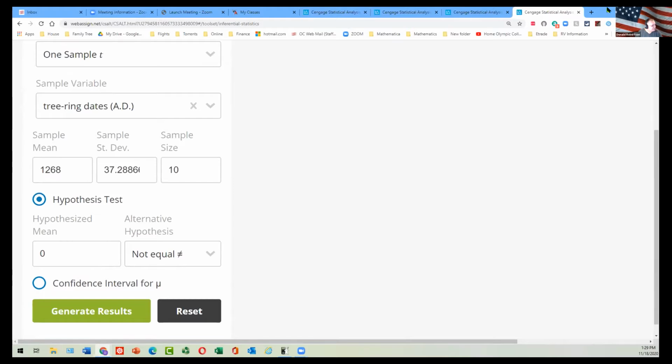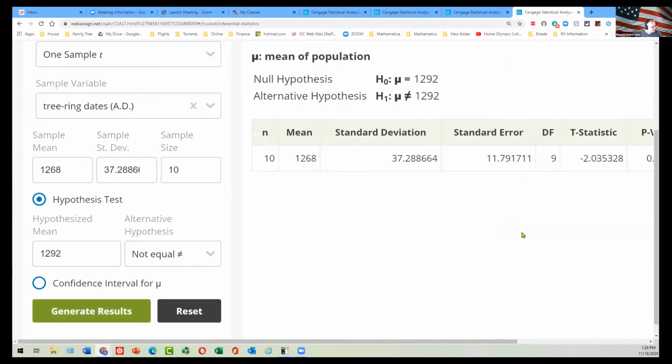Oh, and I forgot to check 1292. So we want to see, is it different from 1292? Oh, perfect. Generate the result.